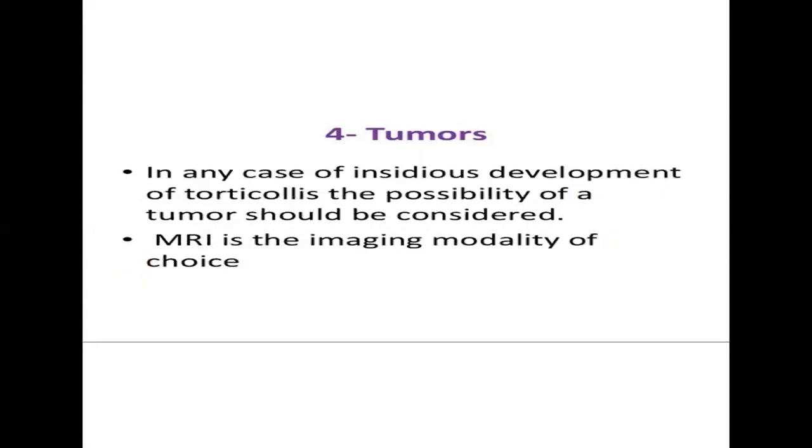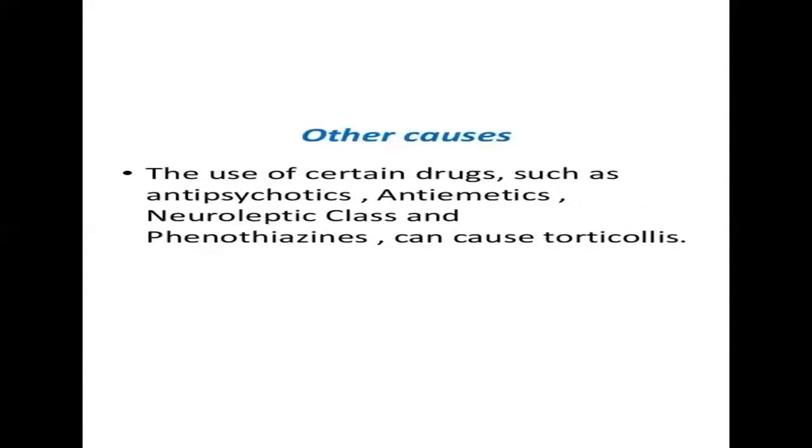In any case of insidious development of torticollis, the possibility of a tumor should be considered. MRI is the imaging modality of choice. Other causes: the use of certain drugs such as antipsychotic, antiemetic, neuroleptic class, and phenothiazine can cause torticollis.